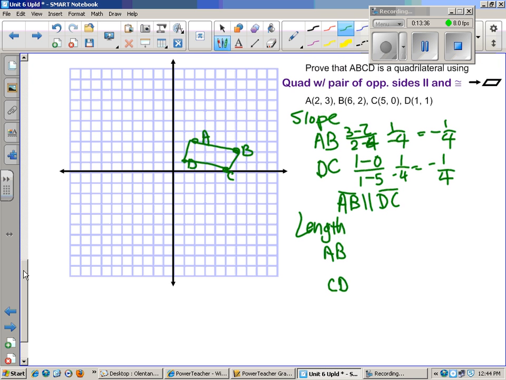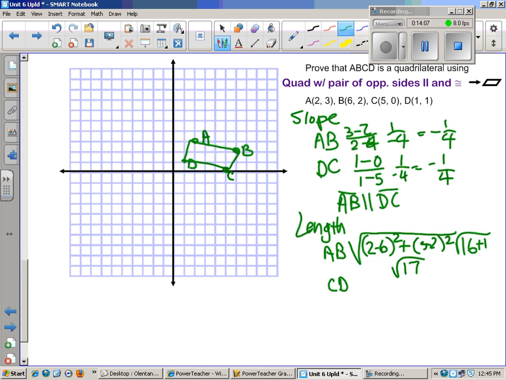So I do the big giant square root for AB, which is 2 minus 6 squared plus 3 minus 2 squared. 2 minus 6 is negative 4. Negative 4 squared is 16. 3 minus 2 is 1. 1 squared is 1. So the length of AB is the square root of 17.